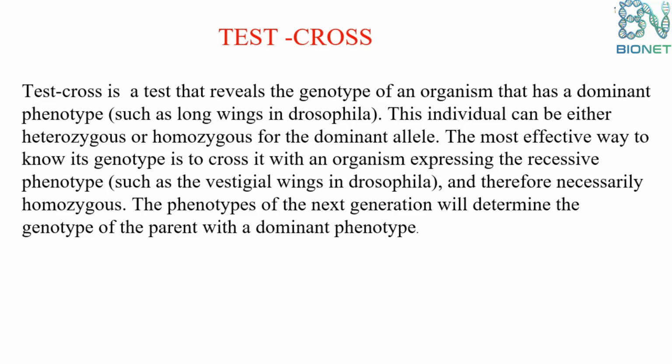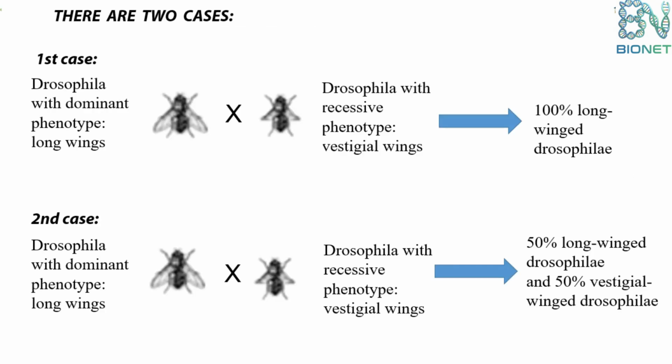According to the results, we can say that the parent having the dominant phenotype is homozygous or heterozygous. So here the first case, this is the studied Drosophila having the dominant phenotype. Its genotype is not clear.